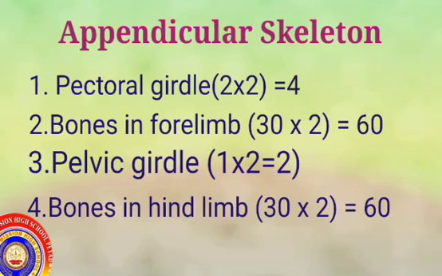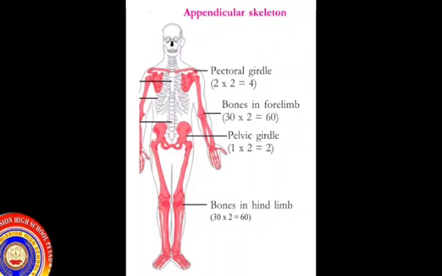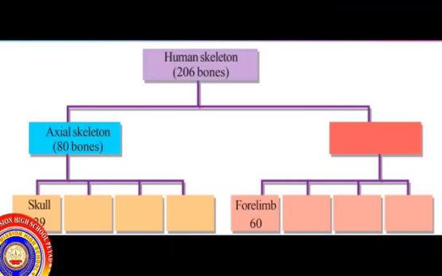Appendicular skeleton consists of pectoral girdle 4, bones in forelimb 60, pelvic girdle 2, bones in hind limb 60. Students, write this activity in your notebook, which is very important.